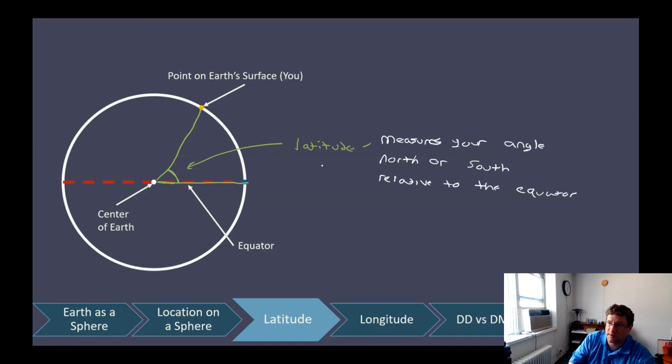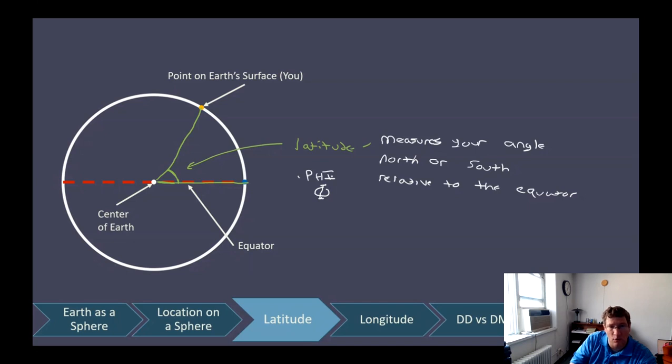Now, you will also sometimes see latitude represented in a slightly different way. In mathematical equations, or if you ever go farther into geospatial science, when you're dealing with the mathematics of polar coordinates, you might see latitude referred to as phi, and written like this.